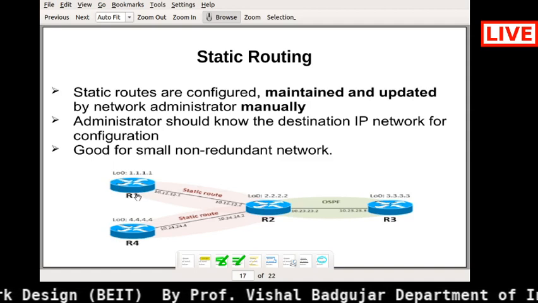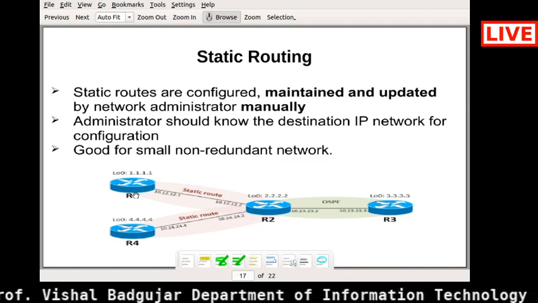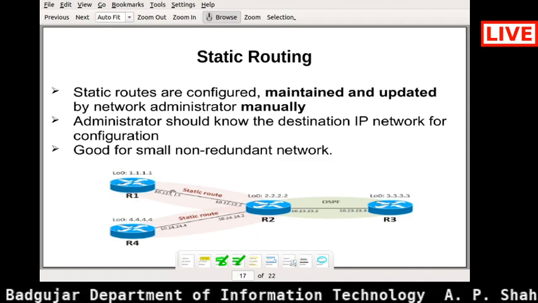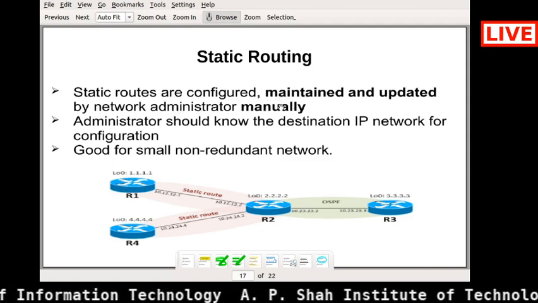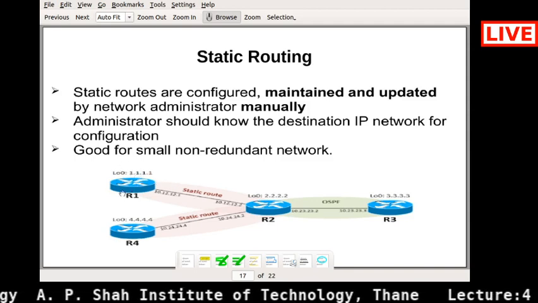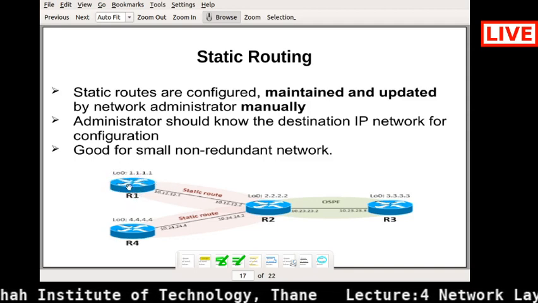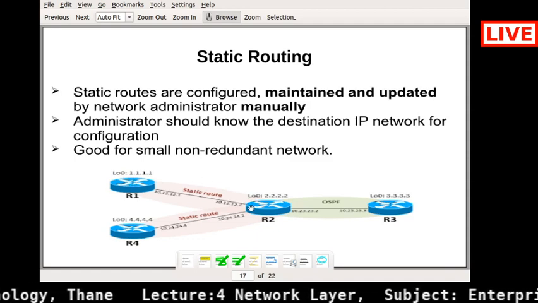That is nothing but static routing. Here in this scenario, you need to configure, maintain, and update by the network administrator manually. That means R2's IP address you need to manually enter into the configuration of R1, and then send a packet from R1 to R2.